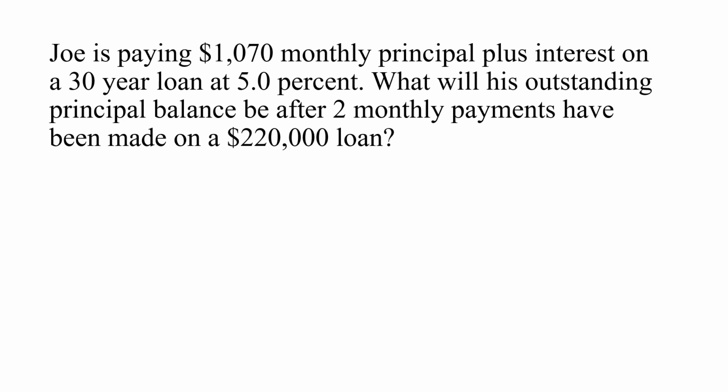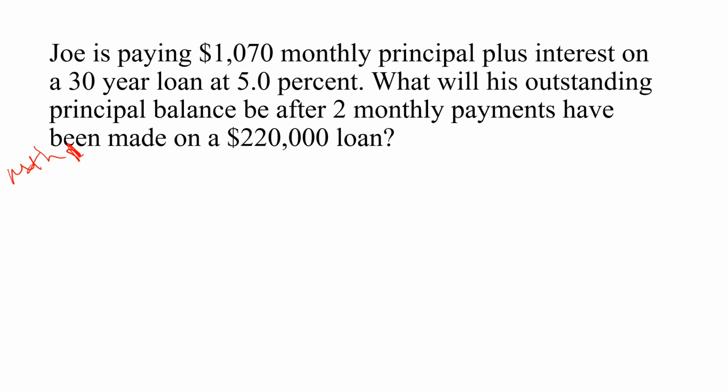Joe is paying $1,070 monthly principal plus interest on a 30-year loan at 5%. What will his outstanding principal balance be after 2 monthly payments have been made on a $220,000 loan? This is a long one. It's 2 parts. So first thing, we're going to have month 1, and then we're going to have to do month 2, and I'll do it in a different color.